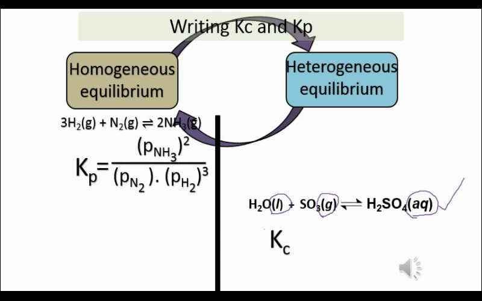As one of the components is in aqueous state, normally you will be given the concentration of the component. So if it involves concentration in the calculation, we will write the equilibrium constant in the form of concentration, Kc.